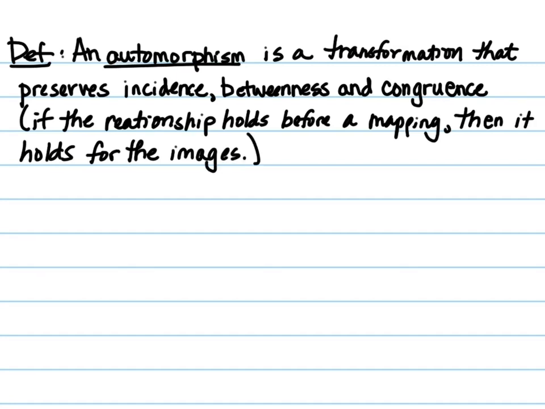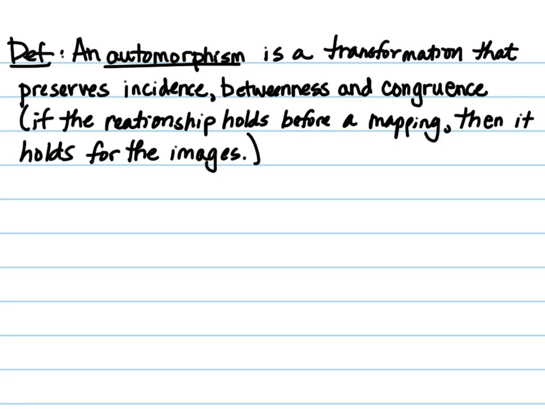Okay, so if one point is between 2 points originally, once it's transformed, it's going to be in between all of the transformed points that it was originally between as well. If you have a segment that is congruent to another segment and they're both transformed, their transformed lengths are going to have that same property.